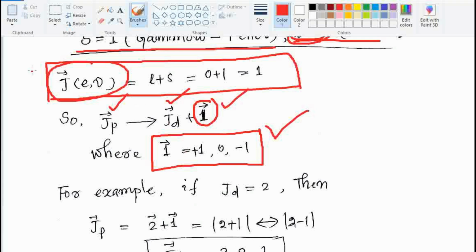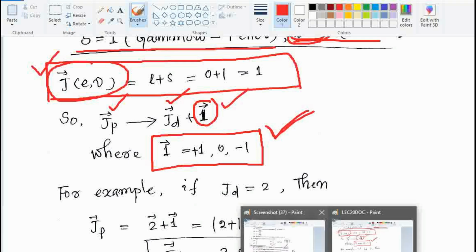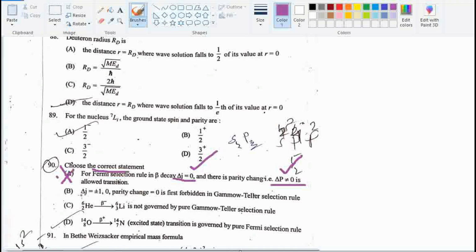This is the change between the daughter nucleus and the parent nucleus, so you are getting del J equal to plus minus 1 and 0, these 3 values. So in option B, this is correct.